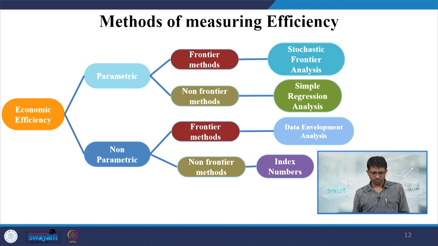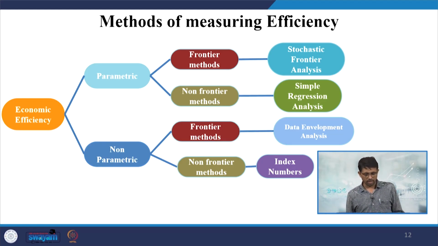In frontier methods, within the parametric structure, we have stochastic frontier analysis. In the case of non-frontier methods, we have simple regression analysis, where, since it is parametric, we derive the parametric coefficients through the regression.